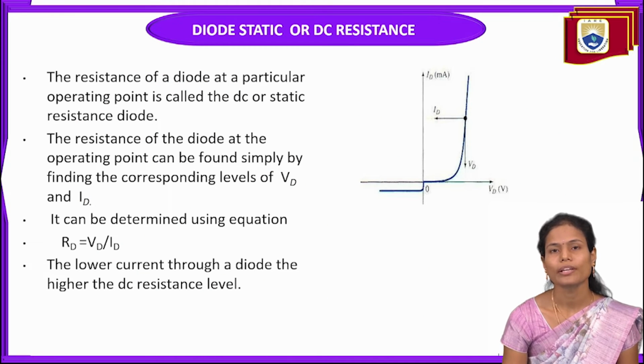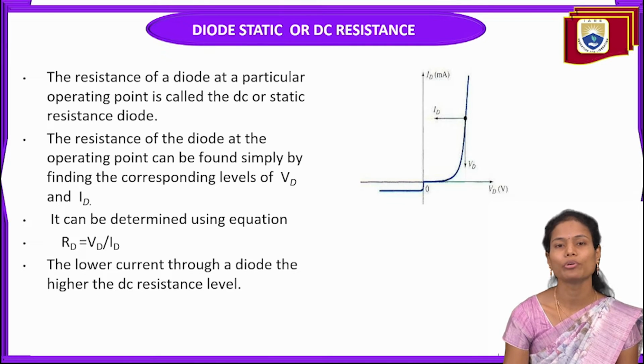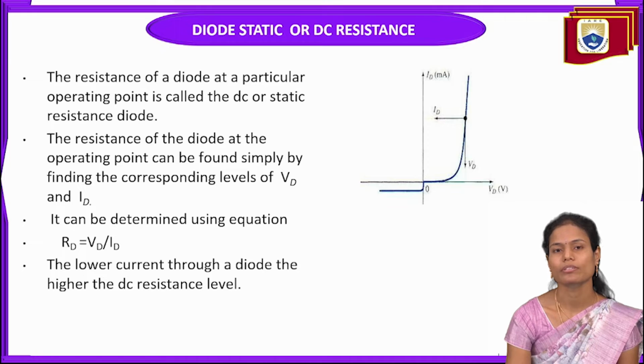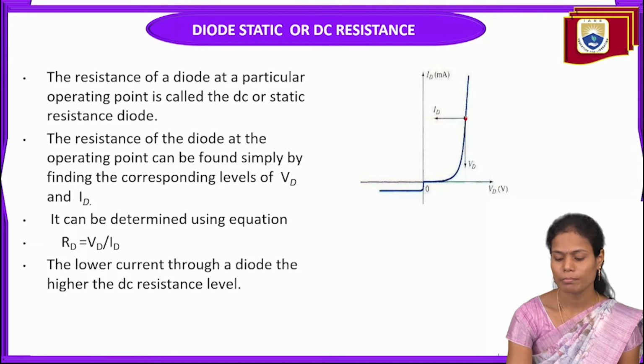Coming to the diode static or DC resistance, from the forward characteristics of the diode, we can find this static or DC resistance. This static or DC resistance indicates the resistance of the diode at a particular operating point. For example, I am taking this particular point as the operating point of the diode.